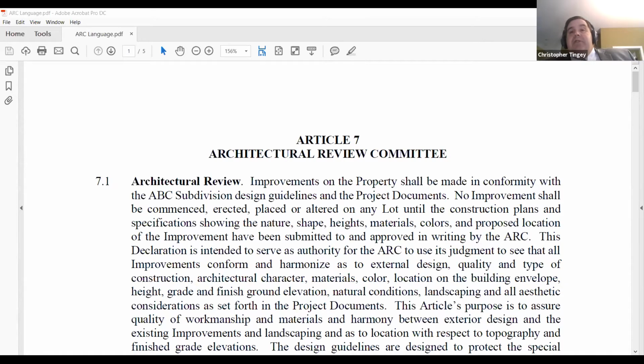It's your great protection. And you may recall that in our May presentation, I briefly touched on a case that I had that dealt with a retaining wall and a fence. In that case, the board was acting as the ARC, and the court deferred to the board because the board had considered these characteristics.